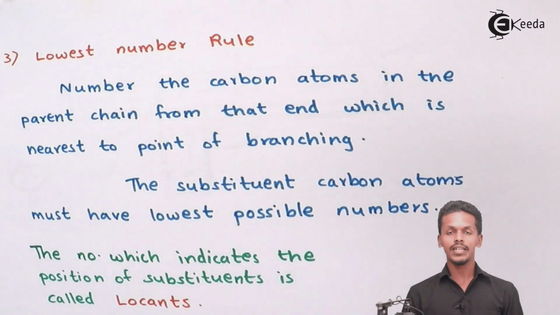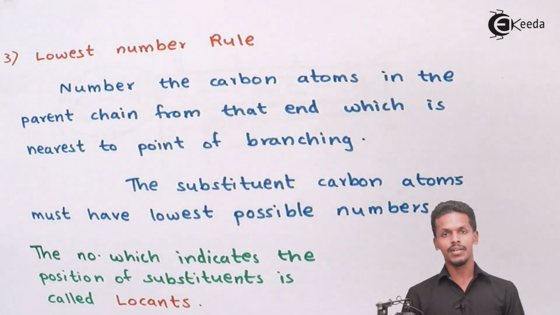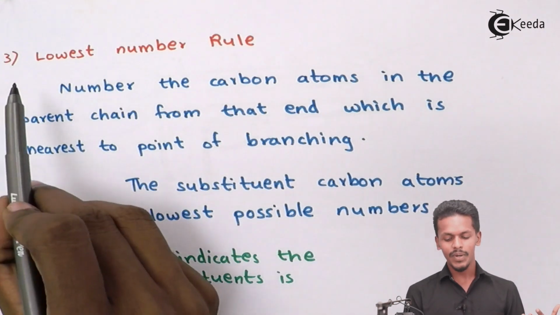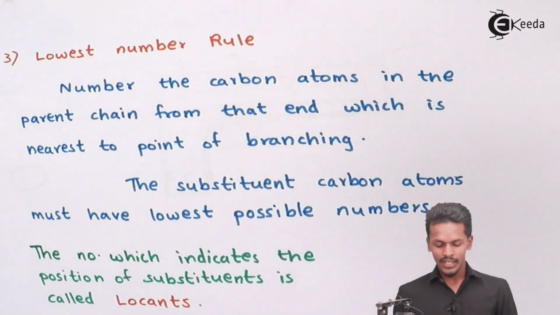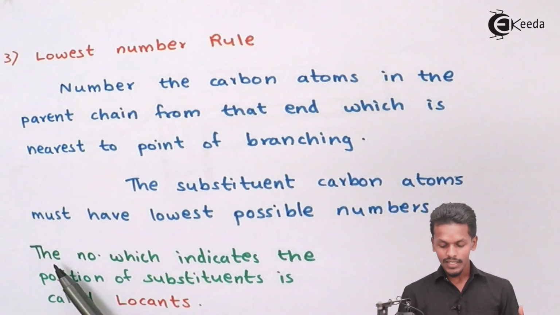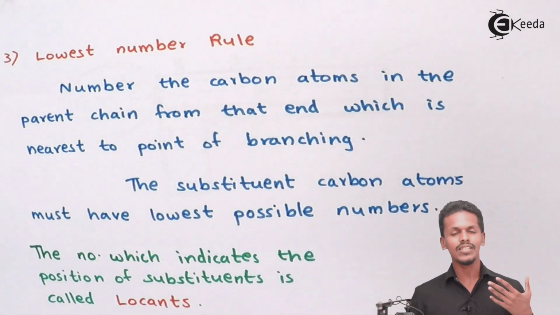Whenever we are numbering the groups or substituents attached to the parent chain, we have to give them numbers in such a way that they get the lowest numbers. That's the reason it is called the lowest number rule. The numbers which indicate the positions of substituents are known as locants.